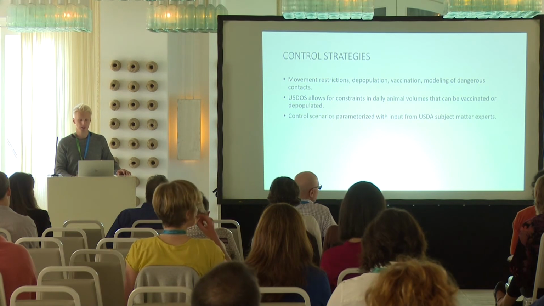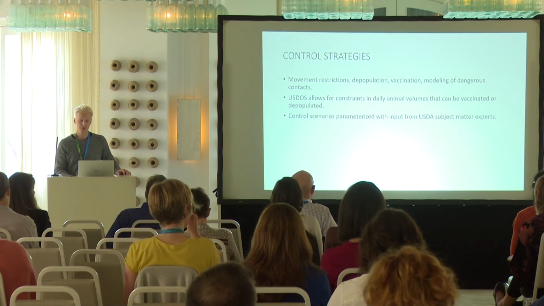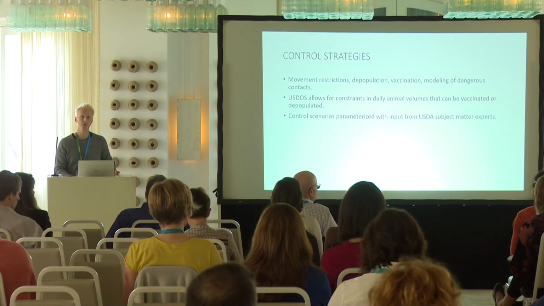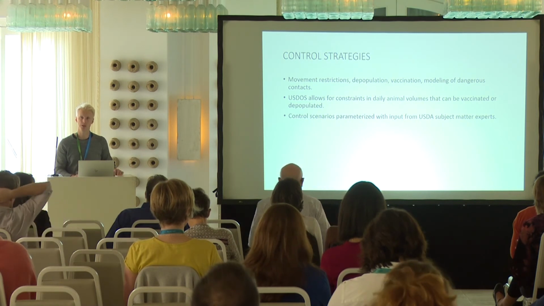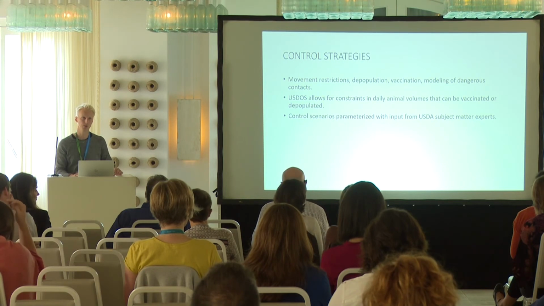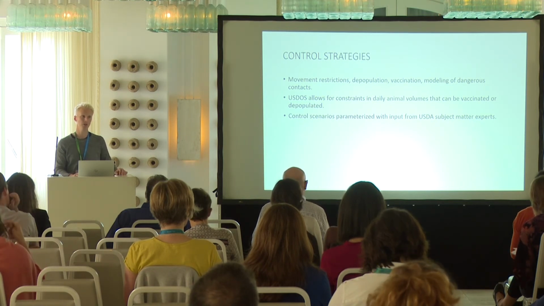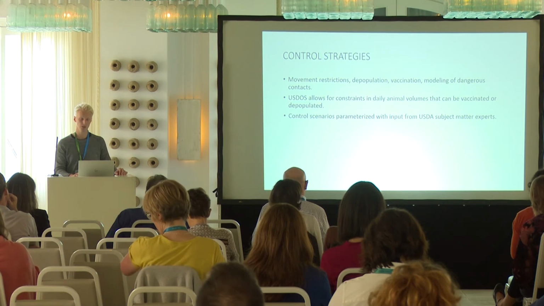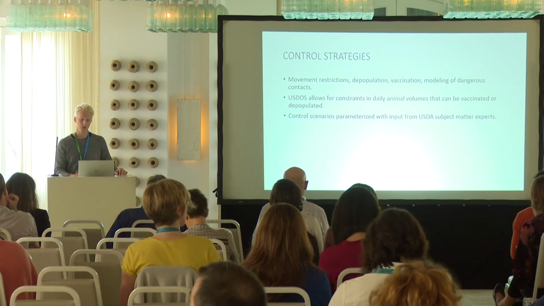All right. And control scenarios are parameterized with input from the USDA. So we work pretty closely with the experts there to try to develop a good idea of what would be an actual strategy used by the USDA in case of an outbreak.